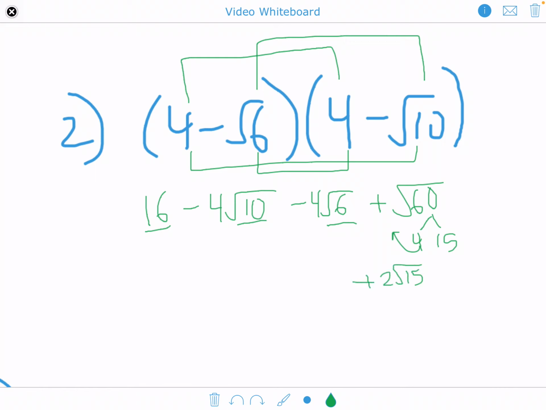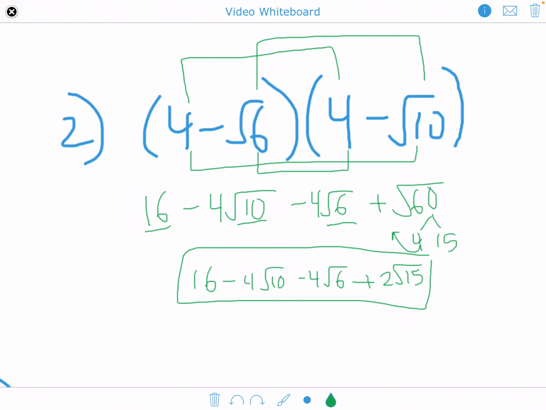Then we put it together with everything else, so negative 4 square root 6, negative 4 square root 10, and 16. Let's bring those down from the previous line of work, and there we go. When you start multiplying these things together, you might build a number under the radical which you then have to simplify. So square root of 60 became 2 root 15.